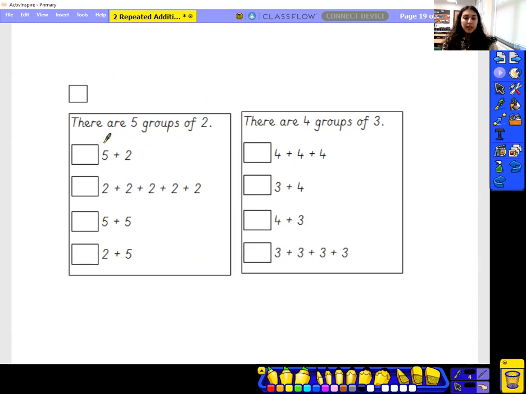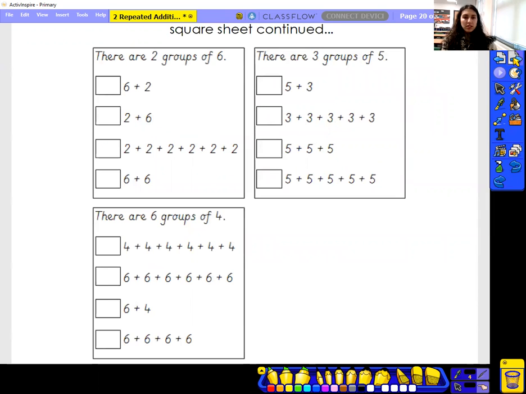So if you get to something that looks like this, where you've got 5 plus 2, well, none of these numbers are being repeated, so it cannot be this one. Remember, there are 5 groups of 2, so that means I must have 2 5 times. So I've got 1 group of 2, 2 groups of 2, 3 groups of 2, 4 groups of 2, 5 groups of 2. So that would mean it's this representation. And you're going to do the same for the rest of the questions on the square sheet, which are continued here as well.